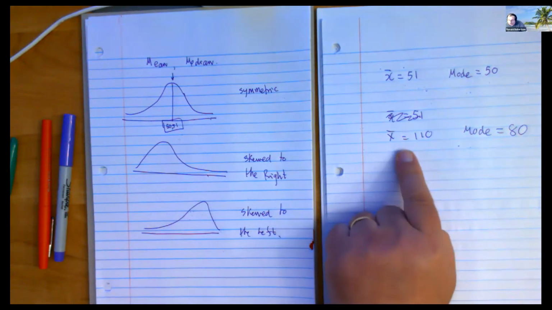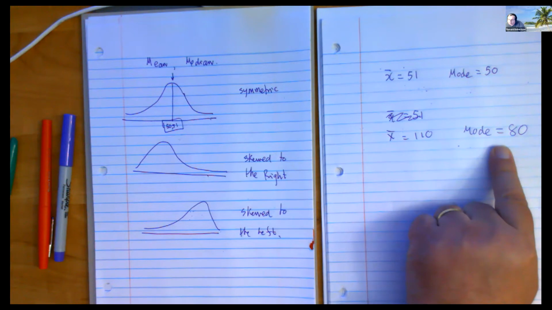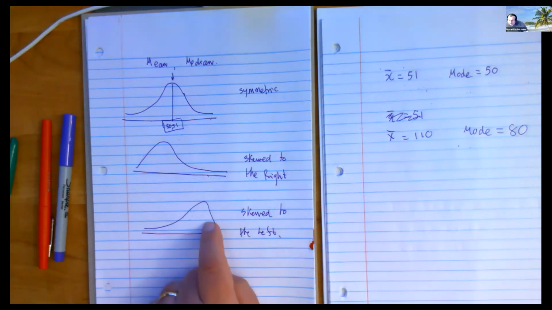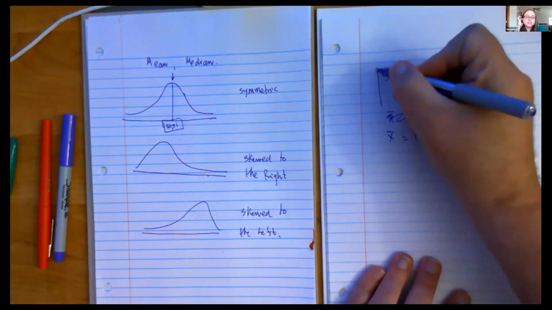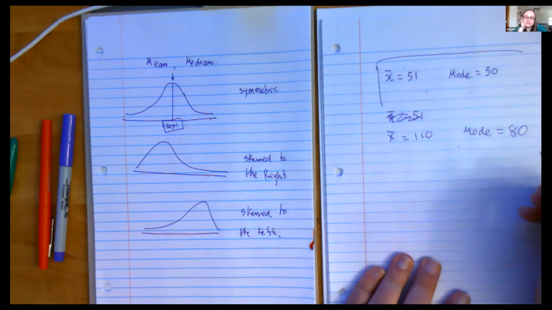So if you had unimodal data whose mean was 110, but whose mode was the number 80, you'd have one of these shapes. Anybody want to have a guess at it, or even maybe think it through? Which shape do you think you get? Wouldn't it be skewed to the right? Yes.